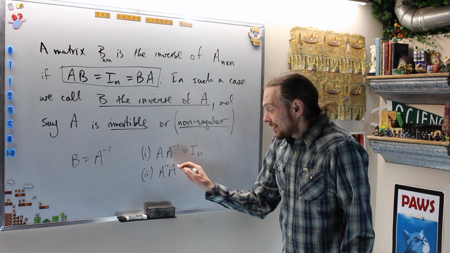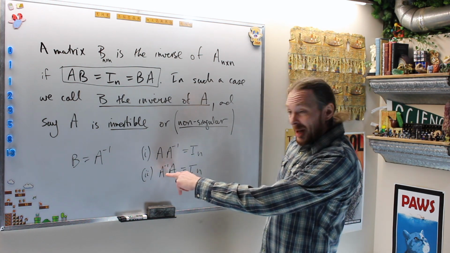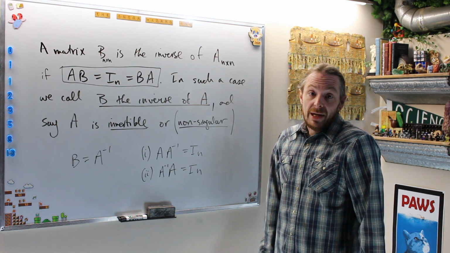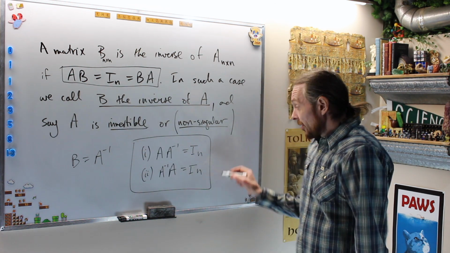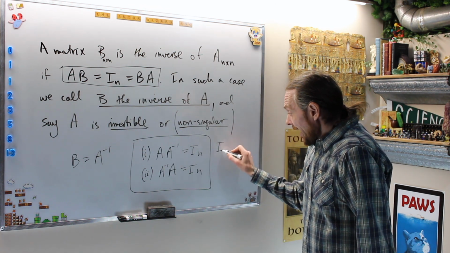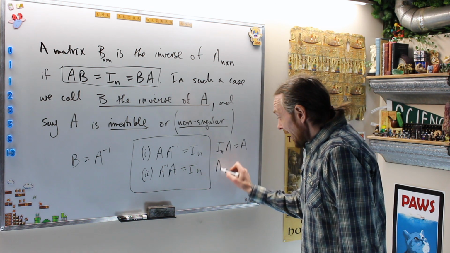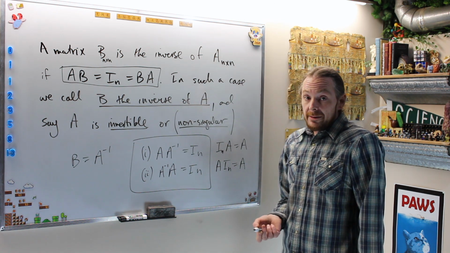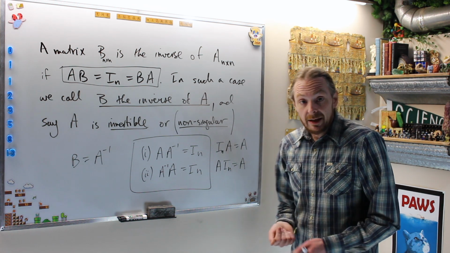What that's really telling us is if you have A or its inverse in an equation and you want to get rid of it, you multiply by the other one on both sides so that you can create the identity matrix. The other thing we know, which will become extremely useful, is I_n times A is A for every matrix, and A times I_n is also A for all of these square matrices. These are the first rules that you're allowed to use to manipulate equations.